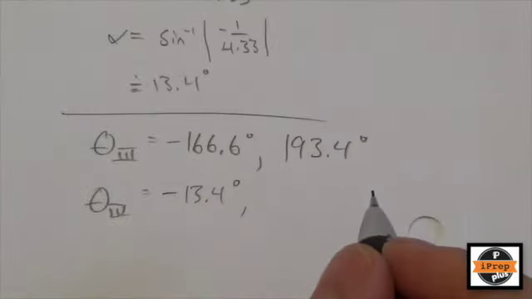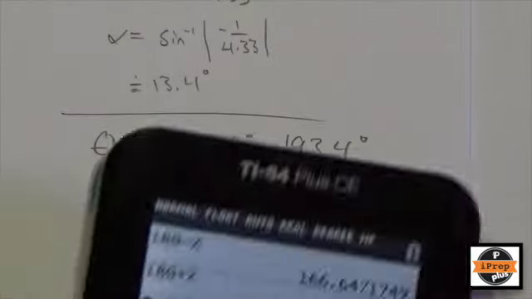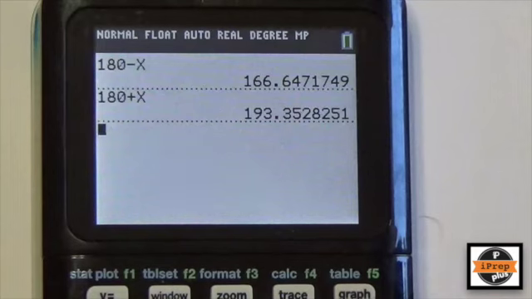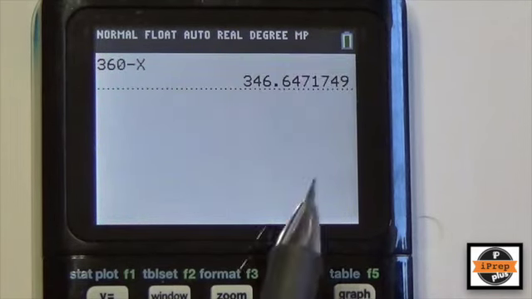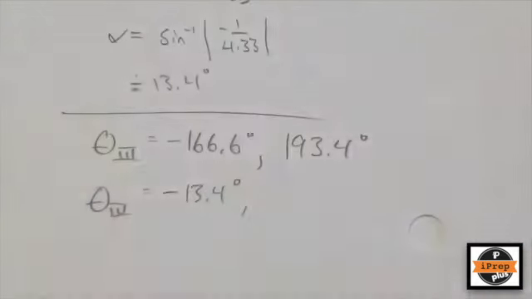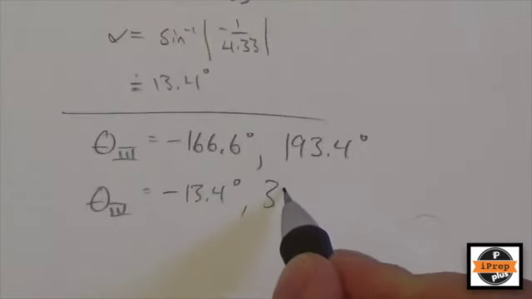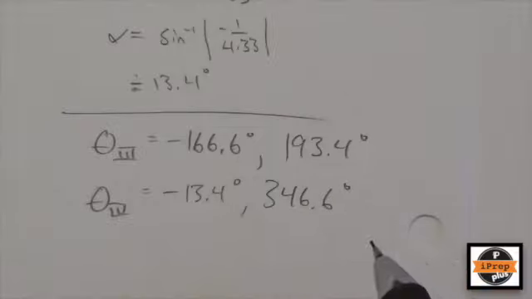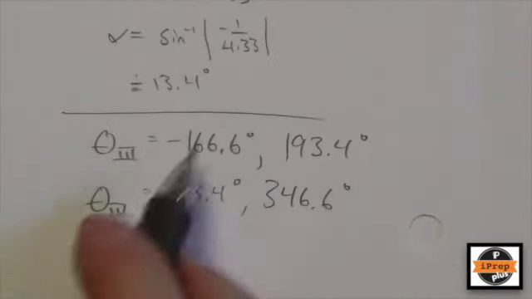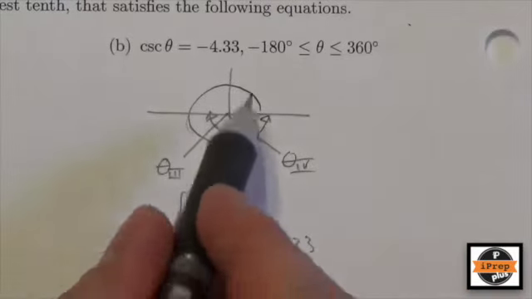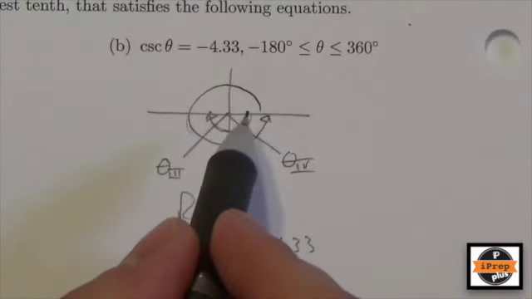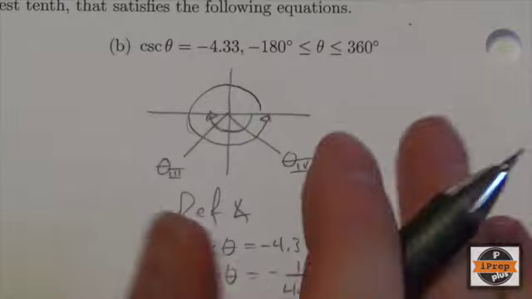And then into our fourth quadrant will be 360 minus that reference angle X. So 346.6 degrees. And there we go. Those are the four angles corresponding to those 4 points of intersection that we saw after drawing the terminal arms and our lines for the domain. There we go.